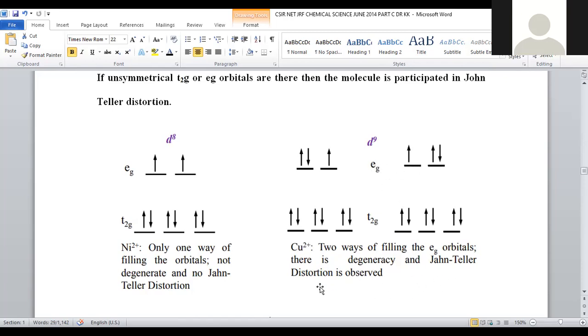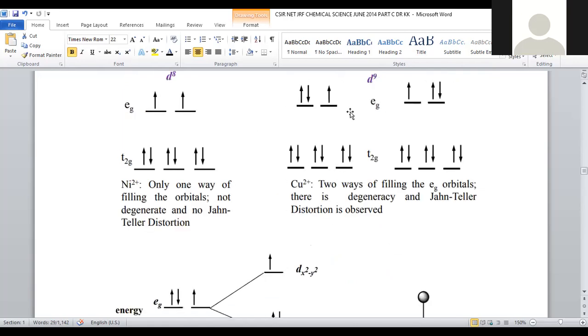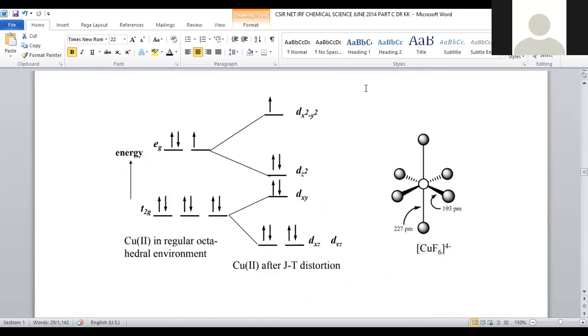It will facilitate Jahn-Teller distortion. For Jahn-Teller distortion, the compulsory condition is either T2g or Eg orbital should be asymmetrically filled, then only Jahn-Teller distortion is possible. So because of this reason, asymmetric filling of Eg orbital in the copper, there is a possibility of Jahn-Teller distortion.